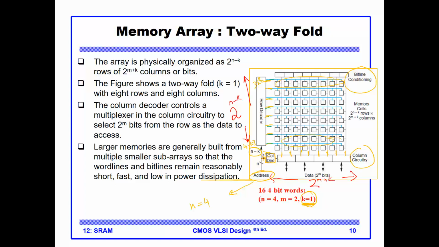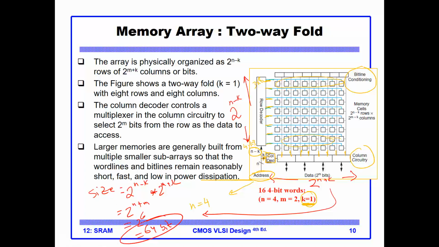So now let's compute the size. The size equals 2 to the n minus k multiplied by 2 to the m plus k, which is equal to 2 to the n plus m, which in my example is 2 to the 6, which is 64 bits, and the size didn't change. So the size does not change.